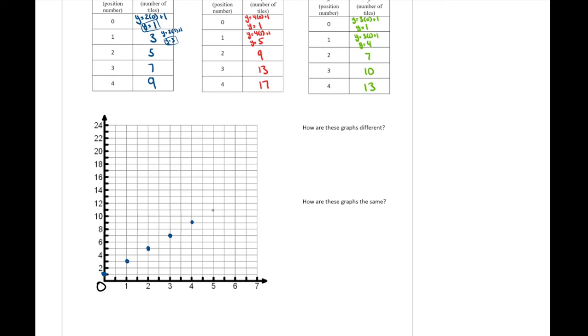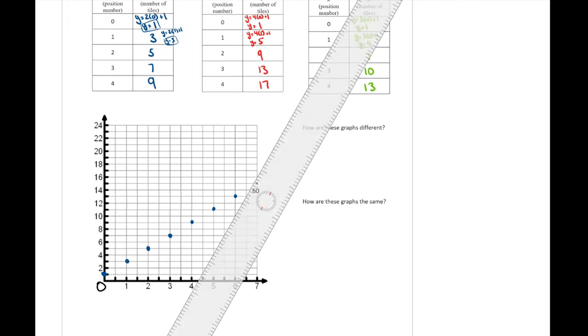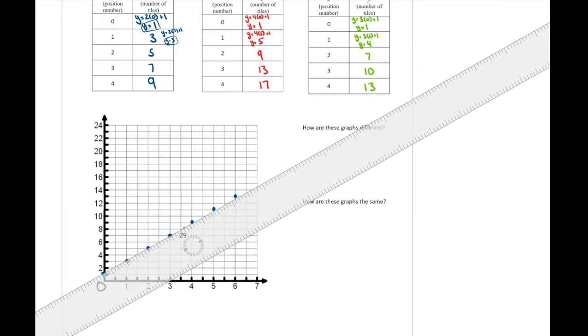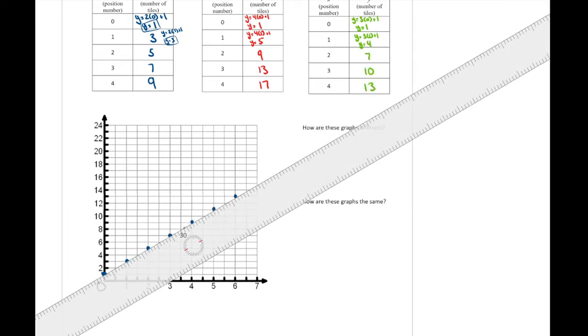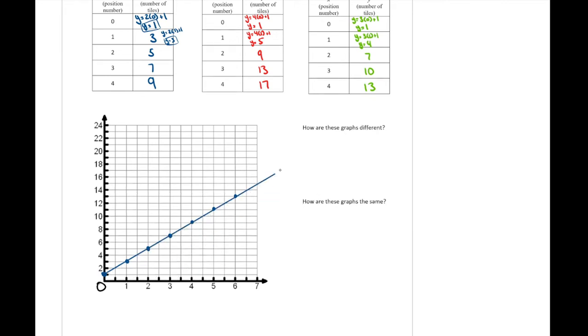And again, we could continue this pattern based on where we think the points could go, or with our understanding of what the pattern is, we could fill out those spots. Again, we're going to connect them with a straight line, or it turns out we can connect them with a straight line. So this was rule 1.